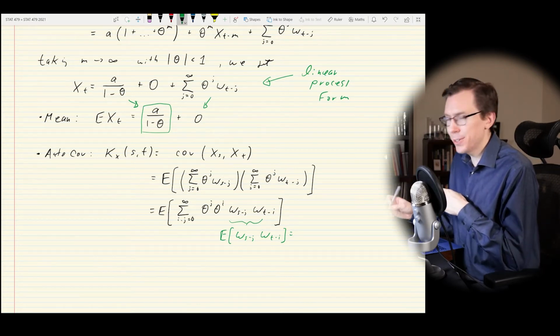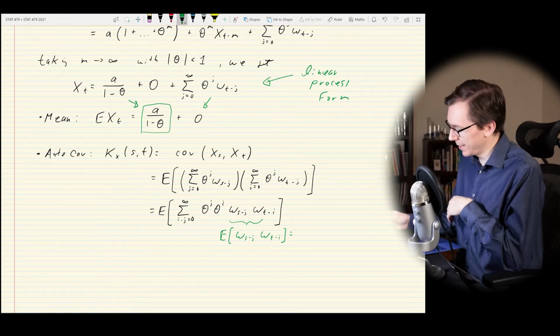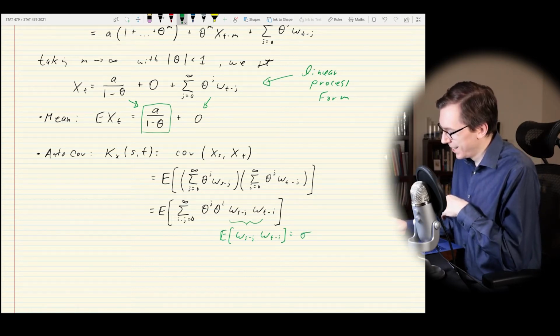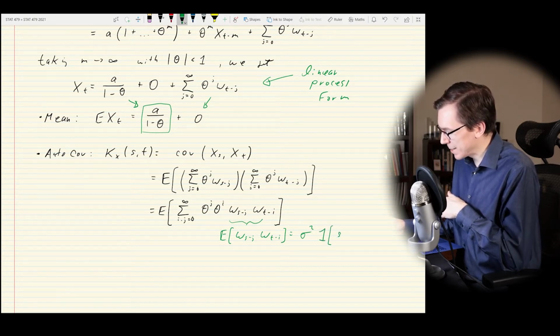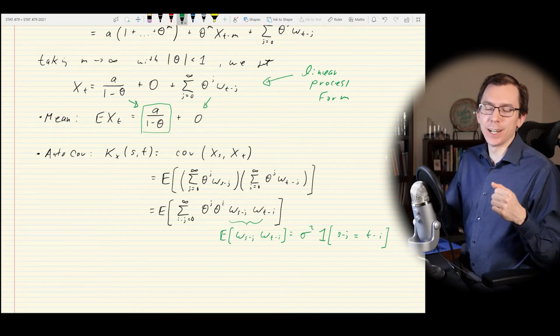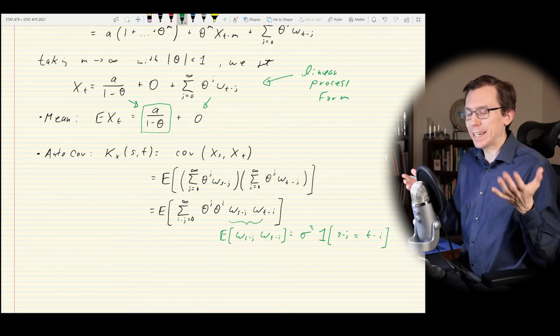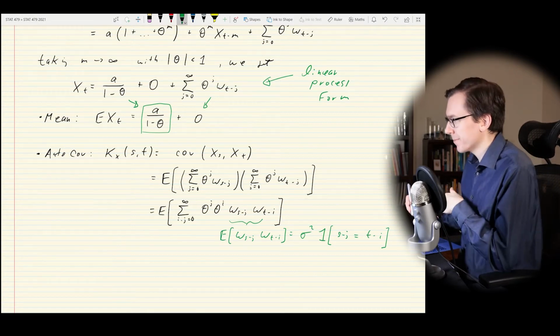So in this case, I'll just write it out. We end up with a sigma squared, but we get an indicator function that says that s minus j has to equal t minus i. Otherwise, by the fact that these are uncorrelated, this expectation would be 0.